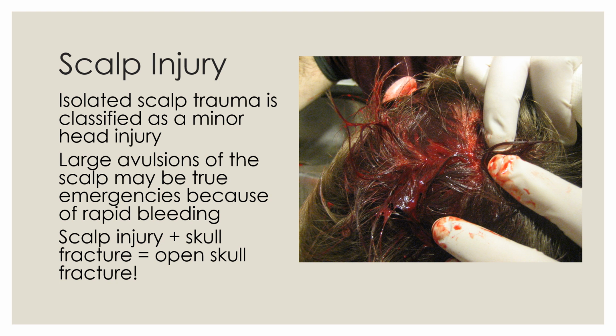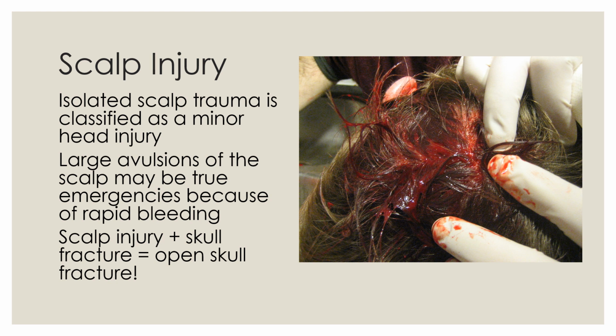And it by itself can be an emergency because when large areas of the scalp are avulsed or peeled back, you can have extremely rapid bleeding. And controlling that bleeding and in some cases replacing blood are life-saving measures. It is possible to die of blood loss from a scalp injury.